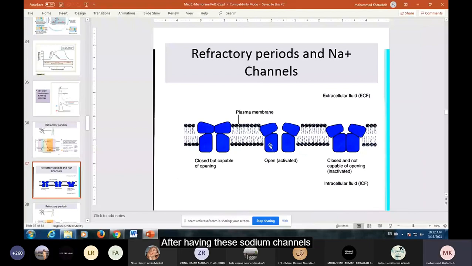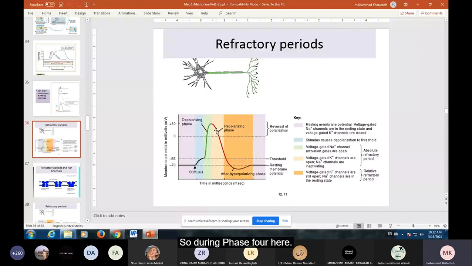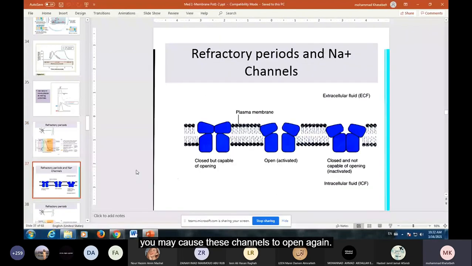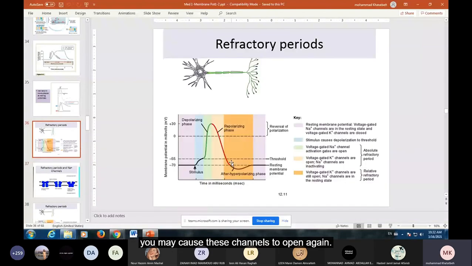Now, after having these sodium channels in the state of closed but not capable of opening, during phase 4 here, if you apply a threshold stimulus like this one, you will not cause these channels to open again. But if you apply a very strong stimulus, you may cause these channels to open again.